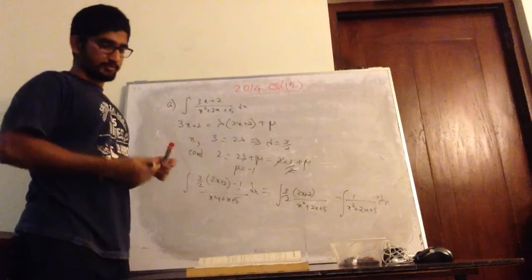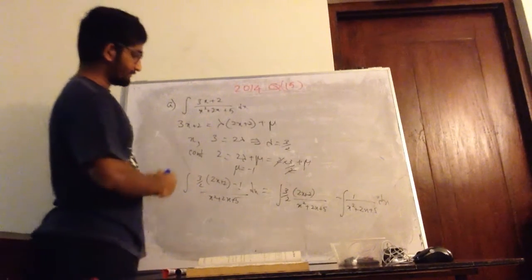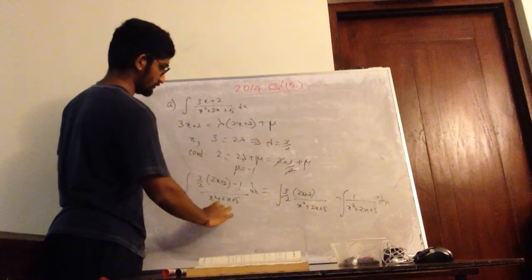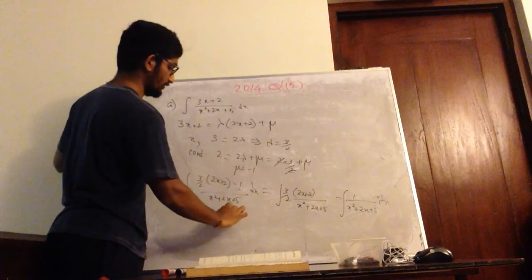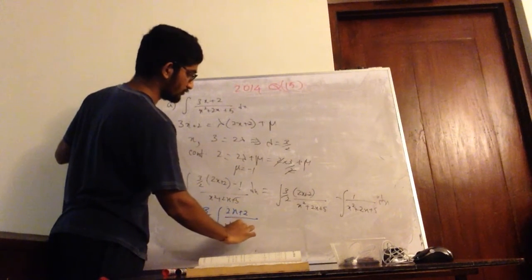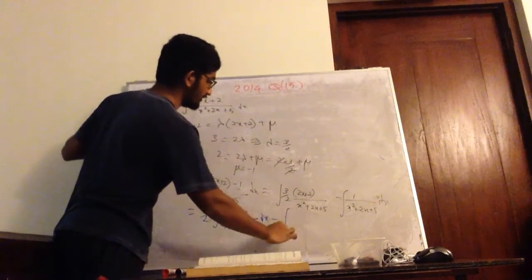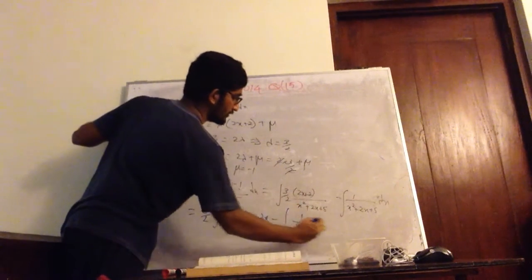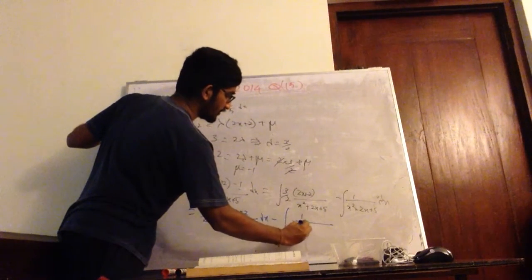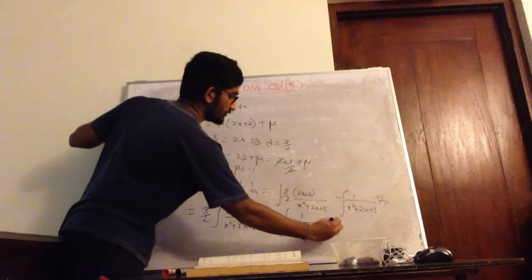Right now? So then I can take this 3 over 2 out, then (2x plus 2) over (x squared plus 2x plus 5) dx, minus, then I'm going to cluster this out as well. So (x plus 1) squared minus 1 plus 5, dx.